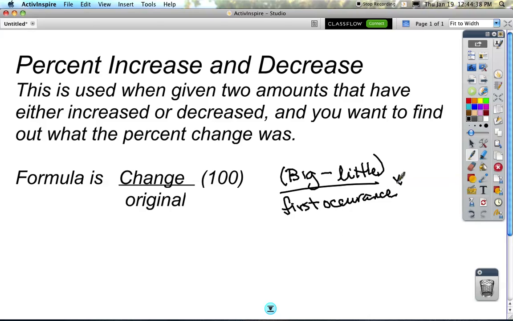And you want to multiply it by 100 to get the percent. What is that 100 say? Occurrence.